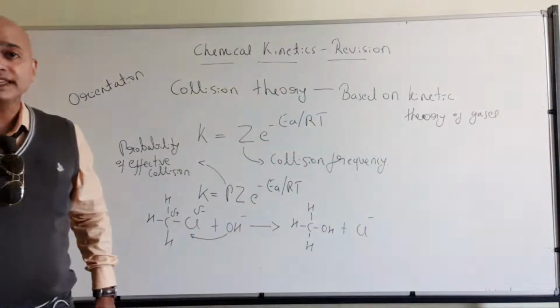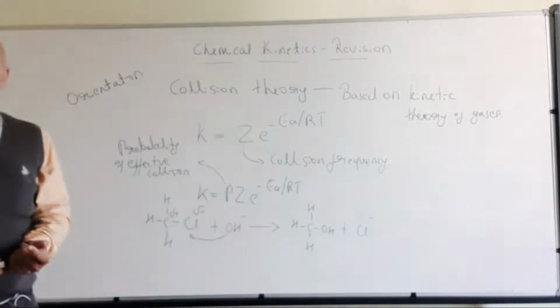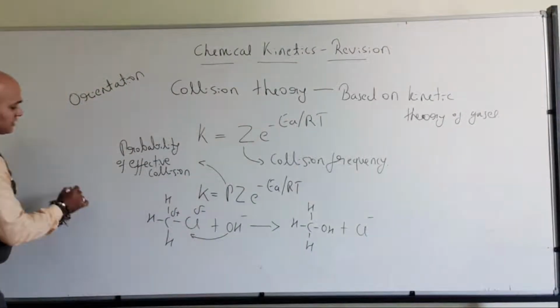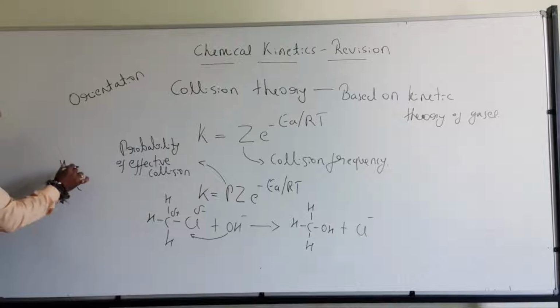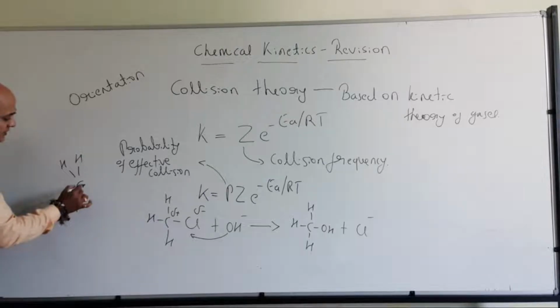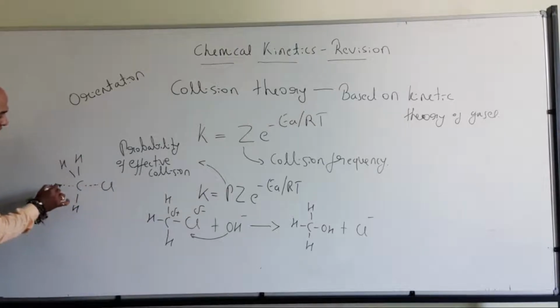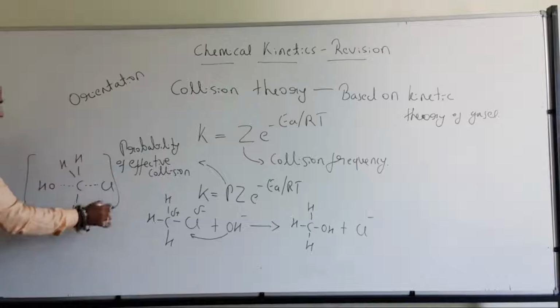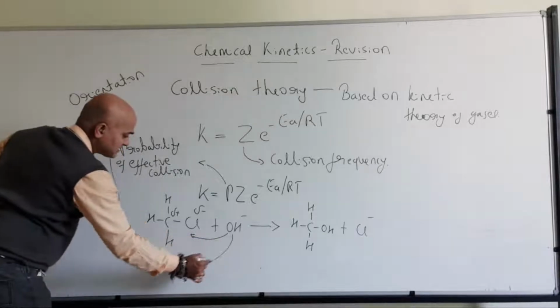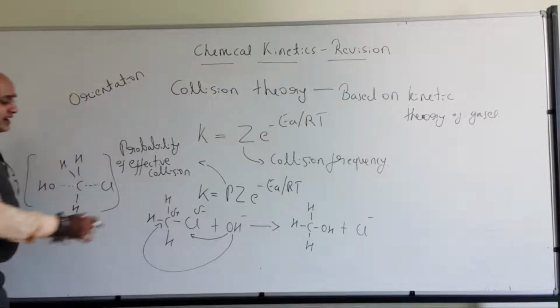That's what we have seen. When you used to write the transition state, we used to show it like this, right? A dotted line with chlorine, a dotted line with OH. That means OH minus has to approach from the other side.